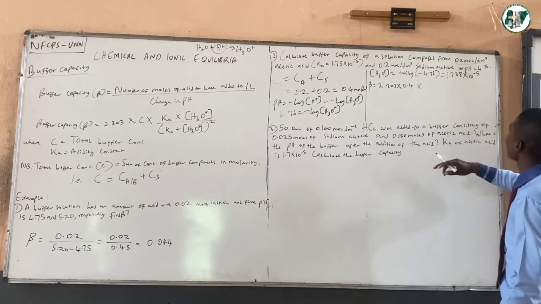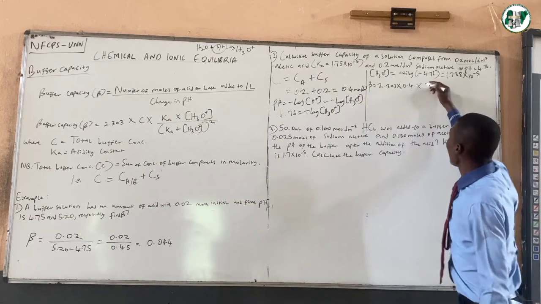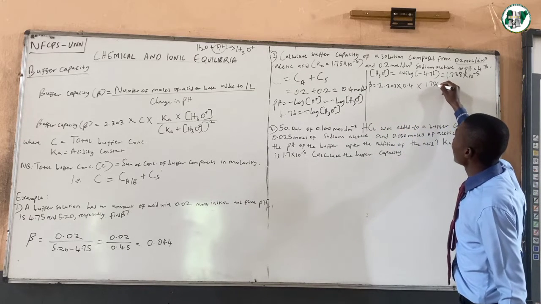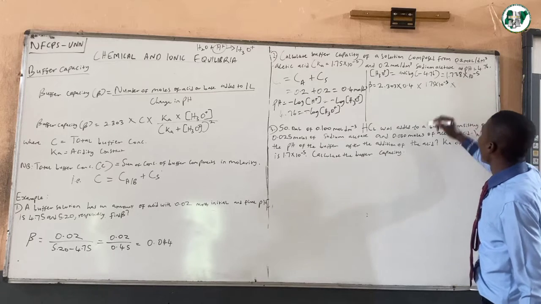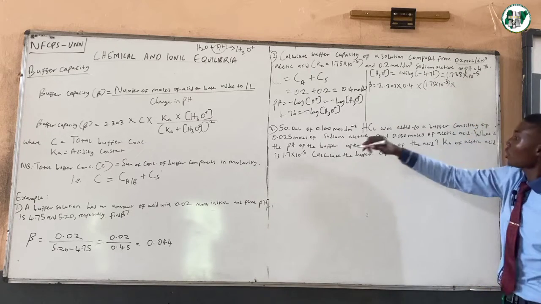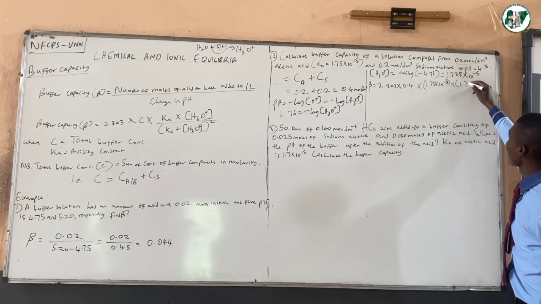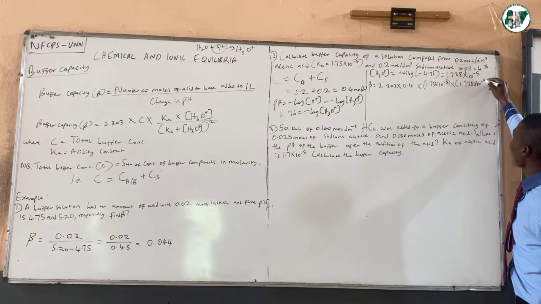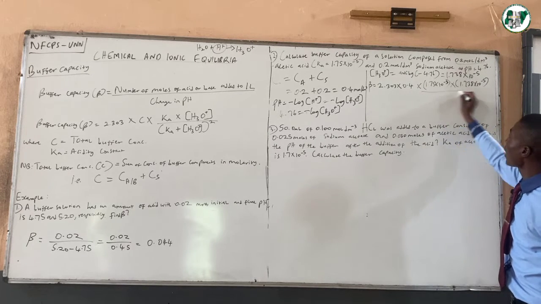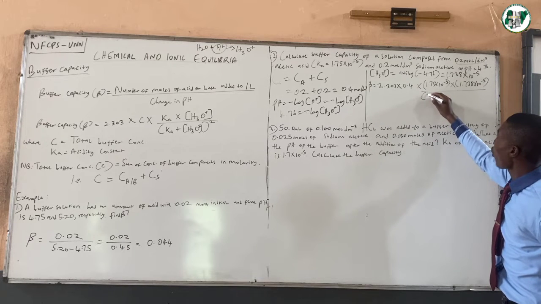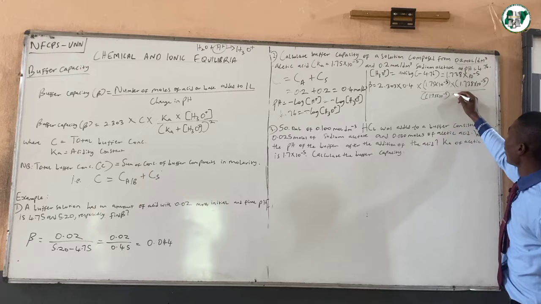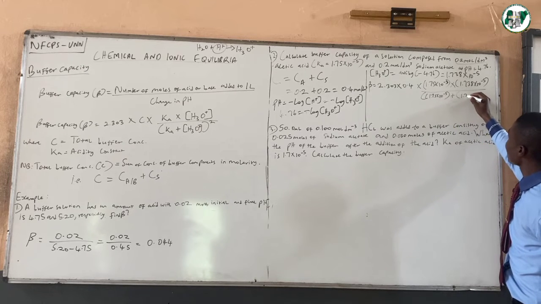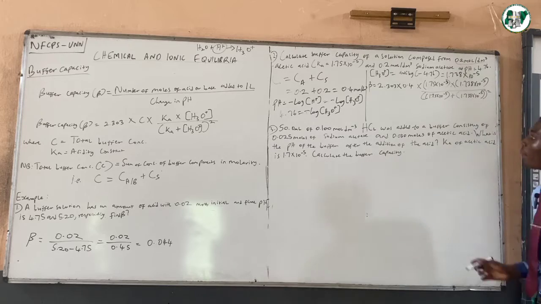Our Ka is 1.75 times 10 raised to the power of minus 5, and then times our hydrogen ion concentration, which is 1.738 times 10 raised to the power of minus 5, divided by, in brackets, 1.75 times 10 raised to the power of minus 5 plus 1.738 times 10 raised to the power of minus 5, close bracket, everything raised to the power of 2.